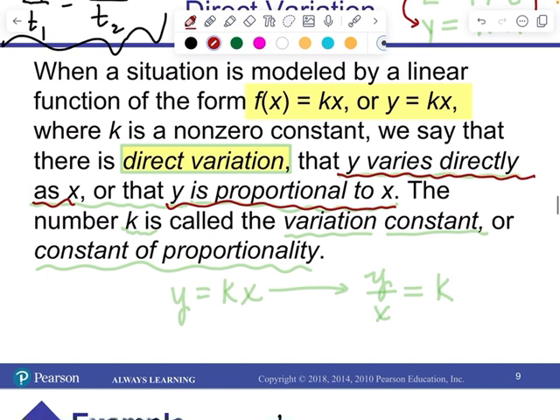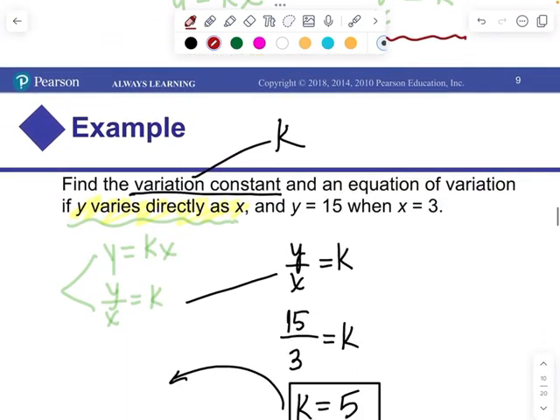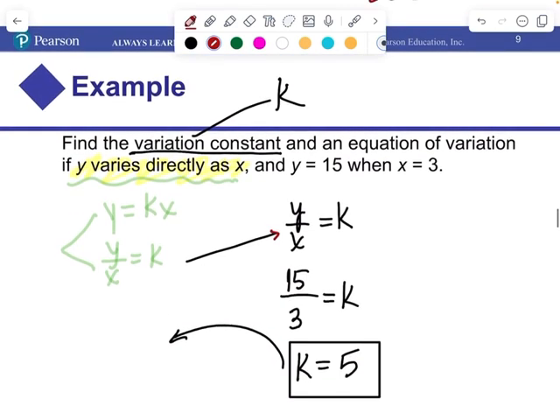So we would be able to write this equation, and we can also write it like this if we solve it for K, which is kind of handy sometimes. Okay, so finding the variation constant, if we have two forms of our equation that you see here, I want to just find the constant. You could take the equation and substitute in the y and the x as I did here, and we got k is equal to 5.